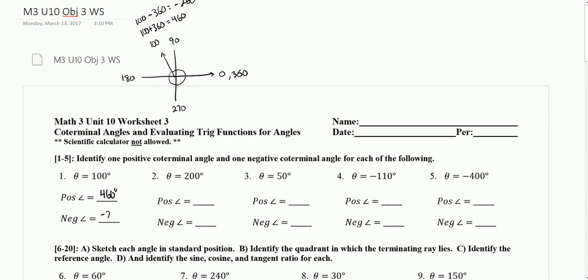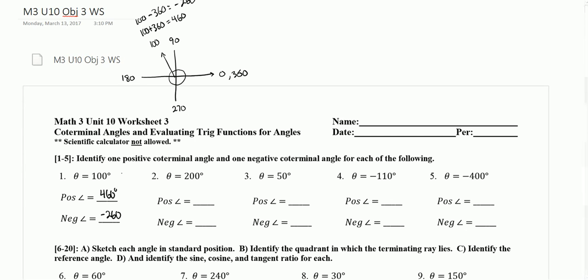So negative 260 is also pointed in the same direction. For all of these, that's the trick: you add 360 or subtract 360.